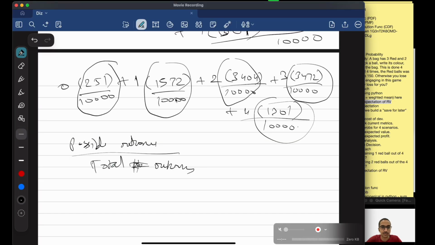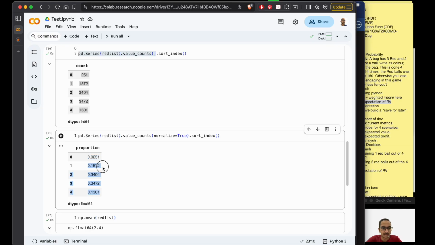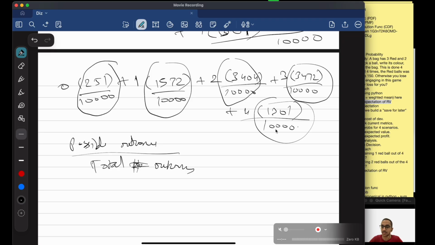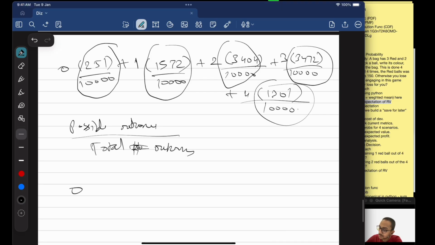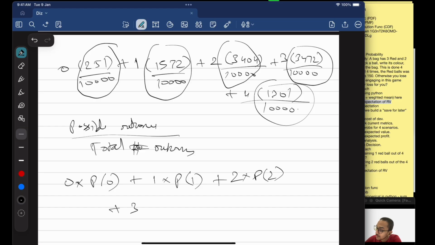Same with 1572 by 10k is 0.1572, same with the other values. So this can be rewritten as 0 times P of 0 plus 1 times P of 1 plus 2 times P of 2 plus 3 times P of 3 plus 4 times P of 4.